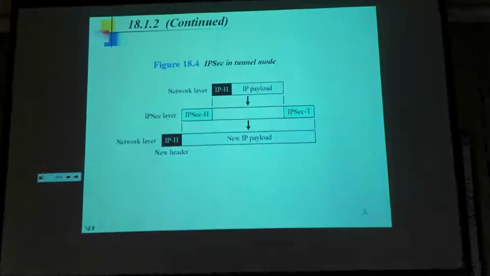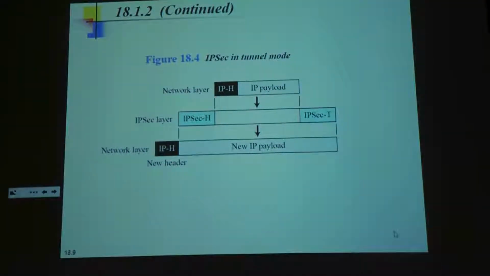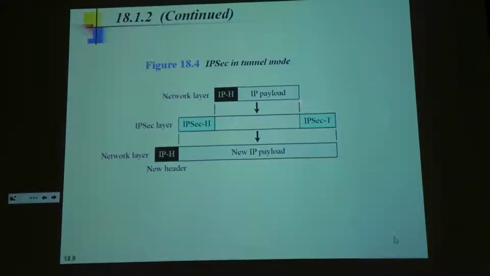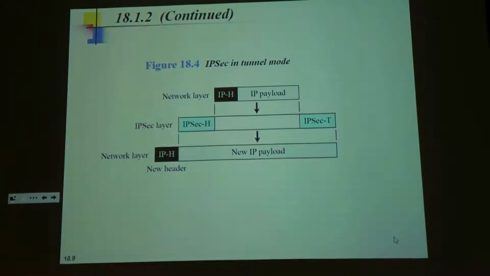So what will happen? Look in here. This is at the network layer, right? That's the IP payload and that's the IP header. Normal, right? That's without any security. Usually that's what we have. So what we do, we take the whole IP packet, which includes the payload and the header, and pass it in here.